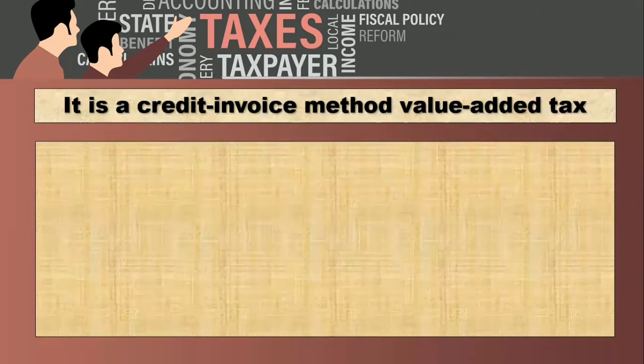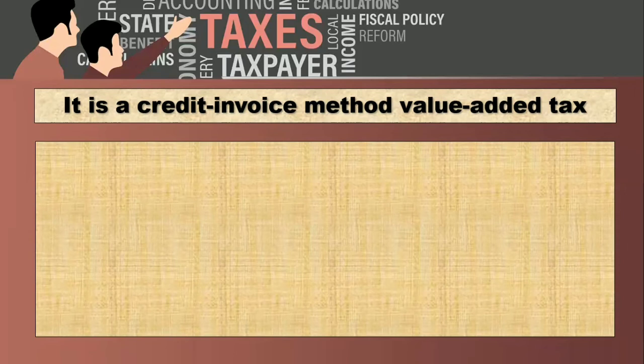So that is just what I explained a while ago, that output tax is on the sale while input tax is on the purchaser or the buyer, or purchases, I mean.